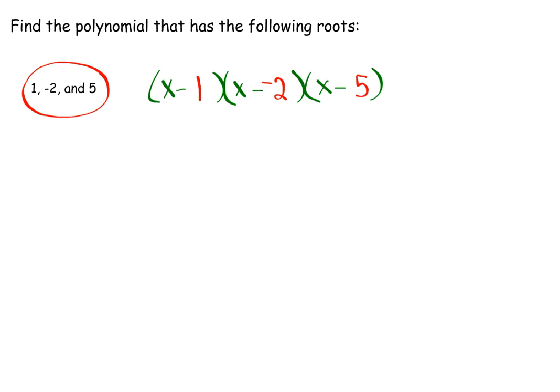I want you to notice that right here, this could be written that way. So I'm going to do some real quick multiplication. I get a little box multiplication happening here.